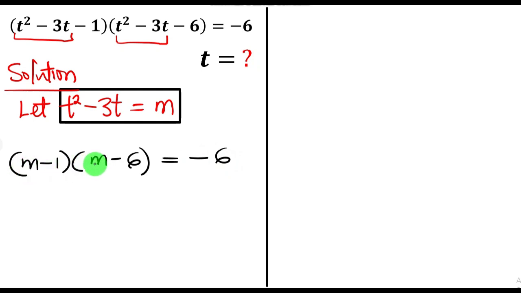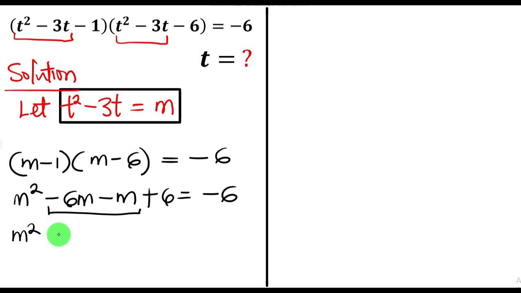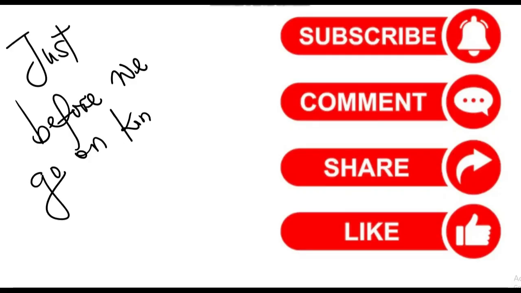The next thing is to expand these parentheses and see what we have. m multiplied by this m gives m², then the same m multiplied by this −6 gives −6m, then −1 multiplied by this m gives −m, then −1 multiplied by −6 gives +6. So we have m² − 7m + 6 = −6, because −6m − m gives −7m.